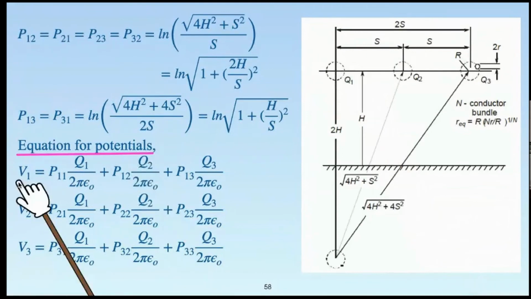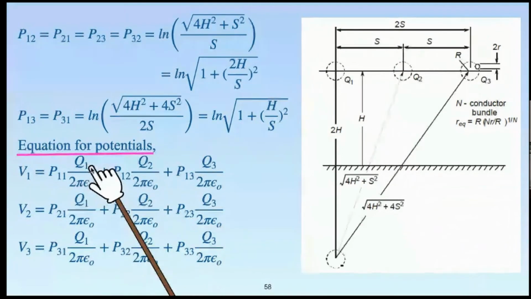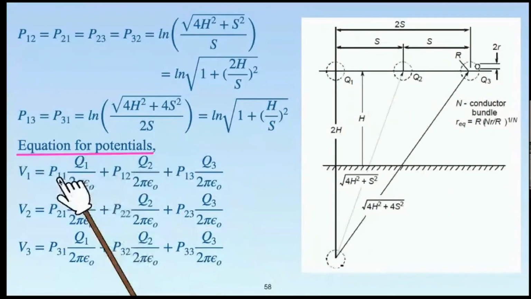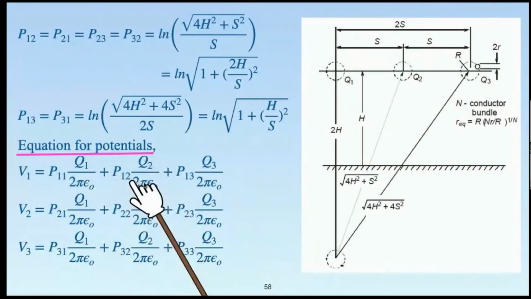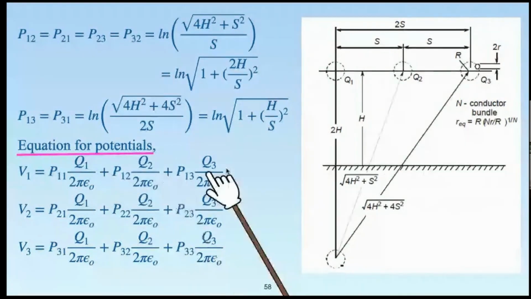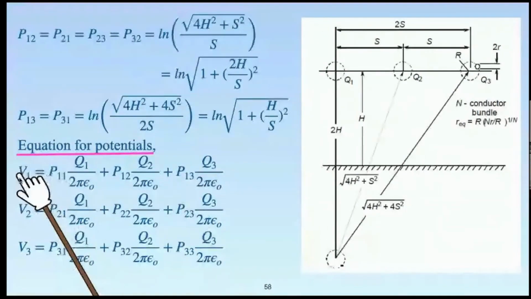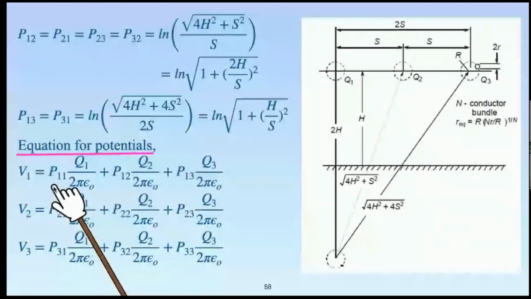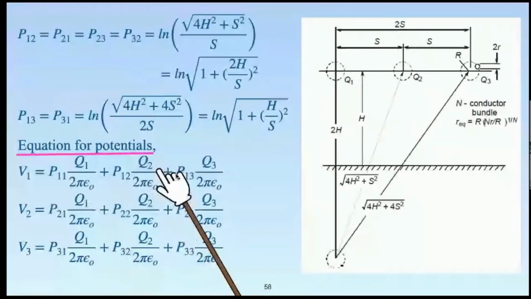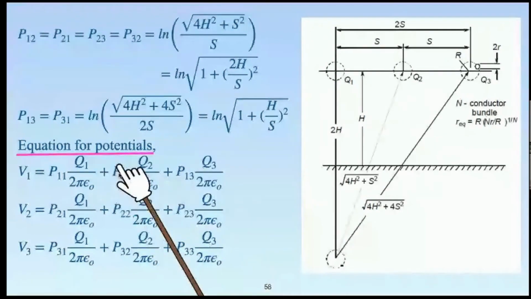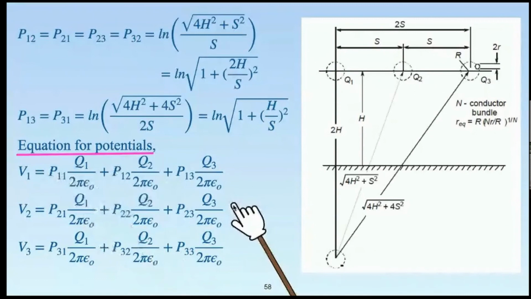The voltage on this conductor will be the contribution by the three charges: Q1 upon twice pi epsilon 0 P11, Q2 upon twice pi epsilon 0 P12, and then Q3 upon twice pi epsilon 0 P13. So potential on conductor 1 will be due to its own charge and also due to some of the effect of charges Q2 and Q3. And their images are also taken into account through these potential coefficients. So that makes the particular equation complete.